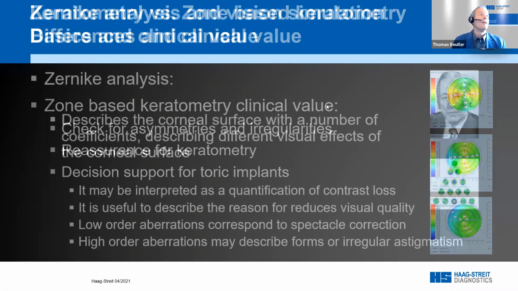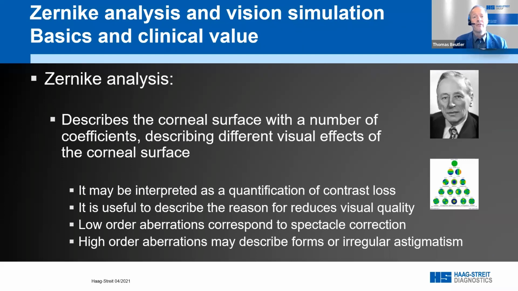Okay. So now we are facing Zernike analysis. What are we talking about when we talk about Zernike coefficients? Basically, Zernike developed a system where he describes the corneal surface as a combination of coefficients describing different visual aspects.